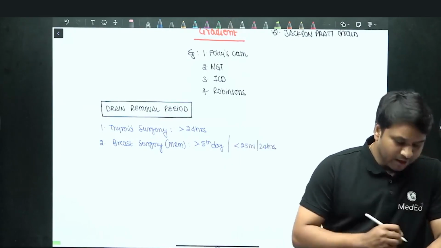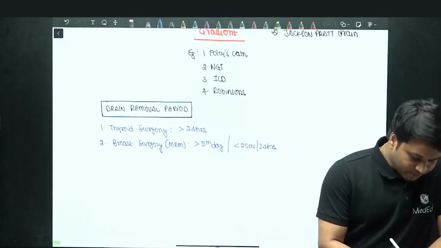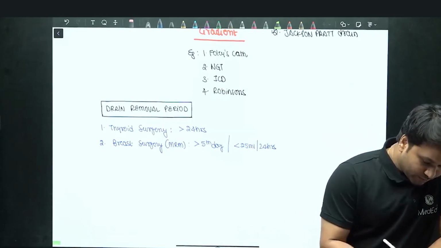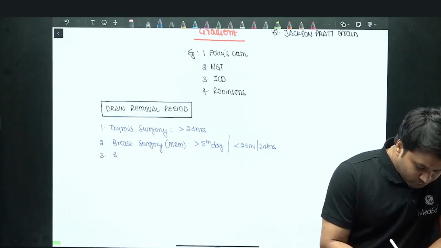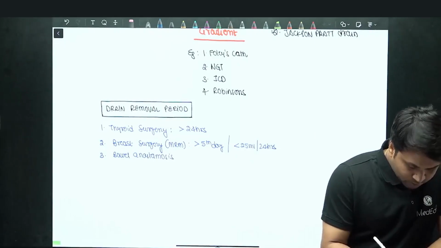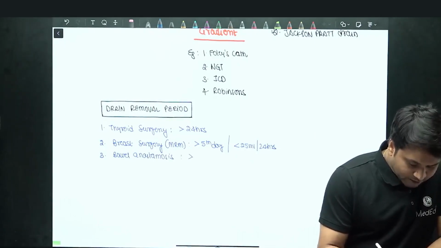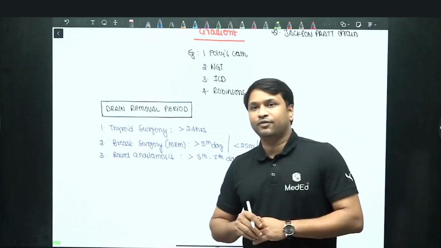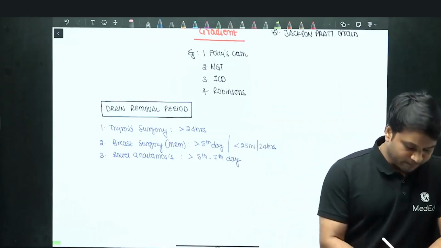This is the criteria to remove the drain in the breast surgeries. If you have put the drain for a bowel anastomosis, I want to look for anastomotic leak which occurs in the 5th to 7th post-operative day. So I will keep the drain until there. After that, I will remove the abdominal drain.